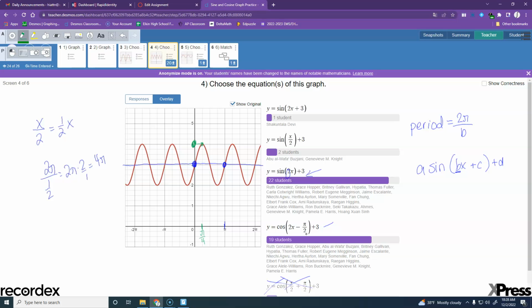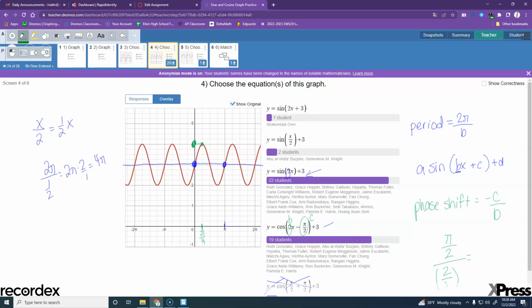Because how do we find phase shift? It is negative c over b. So in this case, that would be pi over 2, that's your c right there, over your b, so divided by 2, which we can make 2 over 1.